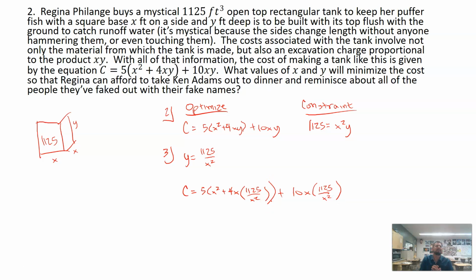Now I'm going to try and simplify that down just a little bit before we actually take the derivative for step 4. So I can see this x and one of those x's is going to cross out, and then 4 times 1125 gives us, oops, I didn't type that in right, 4,500. So what I have here is 4,500 over x, and then I've got plus x squared, and then I'm going to times that 5 in there in just a second.